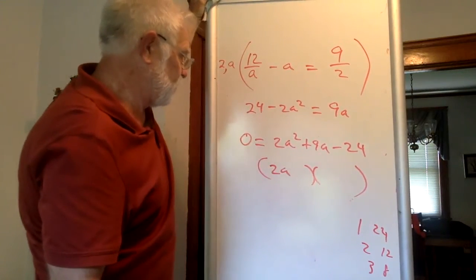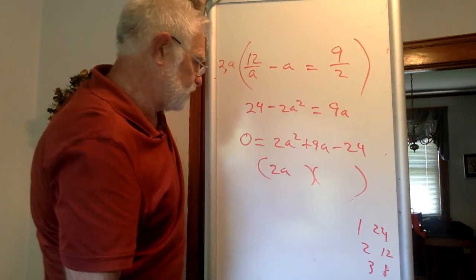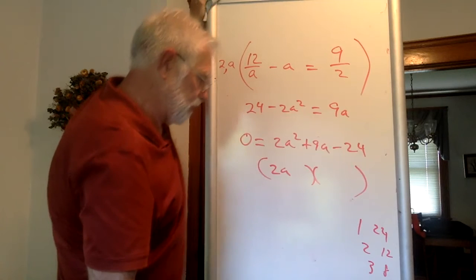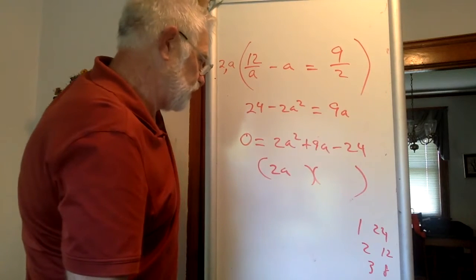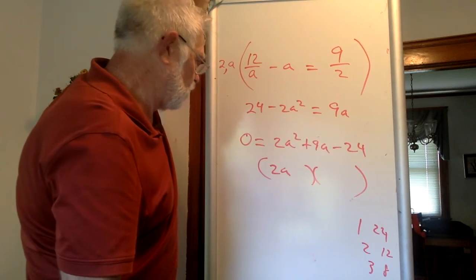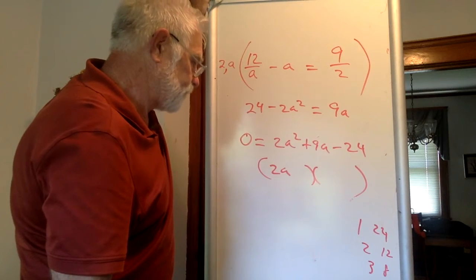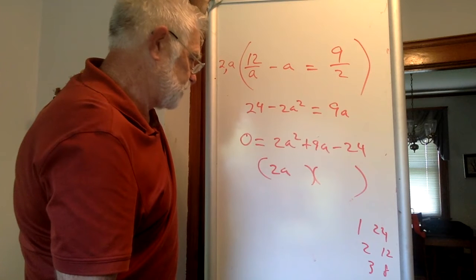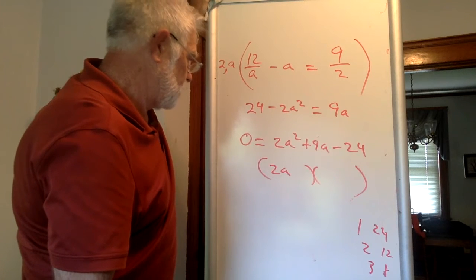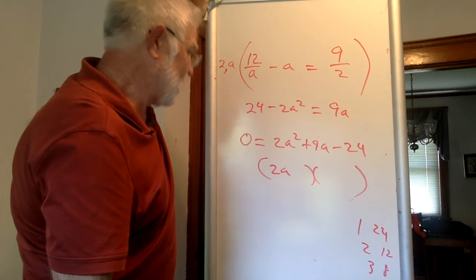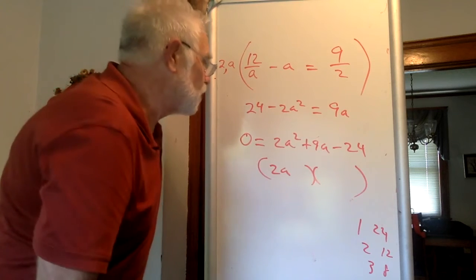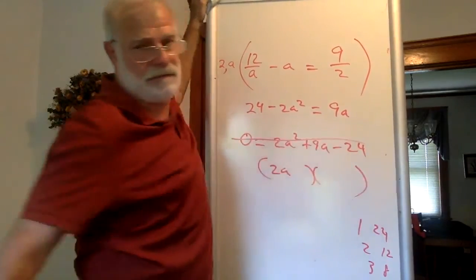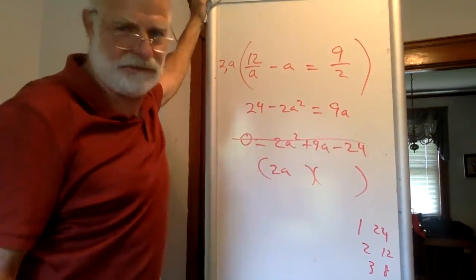Let me see if I can spot something quickly. 12 times 2, I don't like that. 8 and 6, I don't like that. I don't like any of them. So I don't think it's factorable, which means it's a pain in the tail problem, which means I don't want to do it right now. It's my class. There we go.